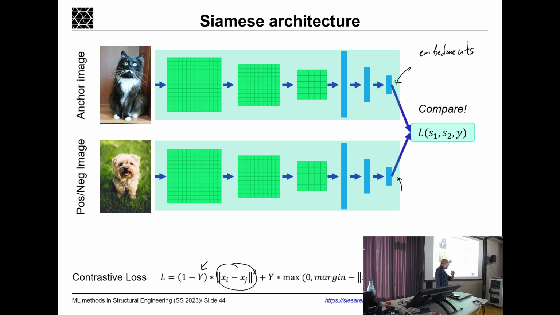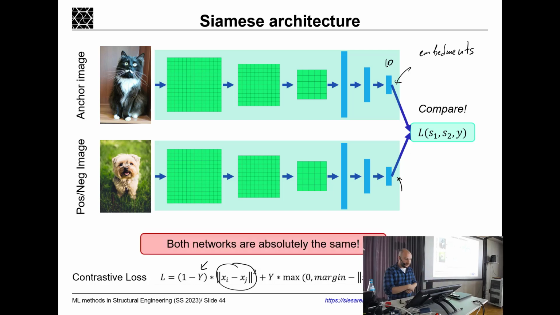Instead of images, right now you are looking for a vector at the end, let's say with 10 coordinates, and you see the difference between them in 10-dimensional space. You define this particular loss and you train your model. You take pairs of cats and dogs, or cats and cats, or dogs and dogs, and run through that multiple times with this loss function, and you will get very nice results that allow you to distill the features of the cats and the features of the dogs.